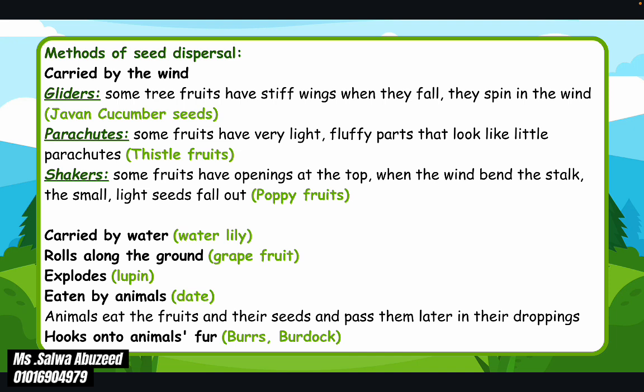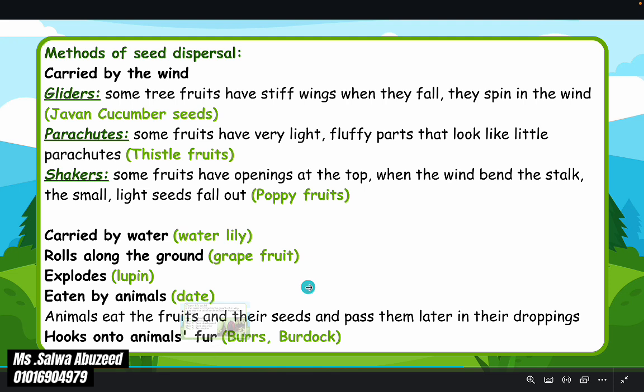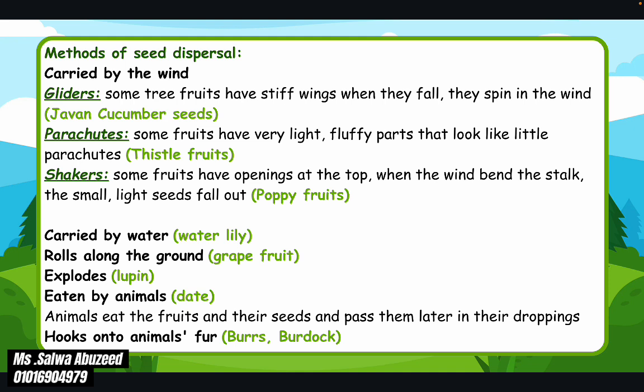So this is a kind of seed that has hooks on it. And if you get confused and you don't remember the name or the examples for the hooks onto animals' fur, just rhyme it with fur. So the example for fur will be burr and burdock. Burr, fur. Burr, fur. So just rhyme it with each other and you're just going to remember it right away.